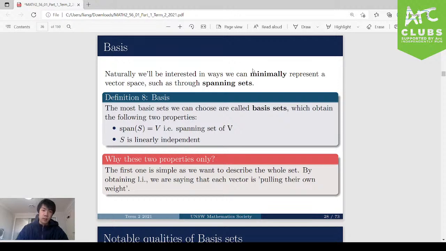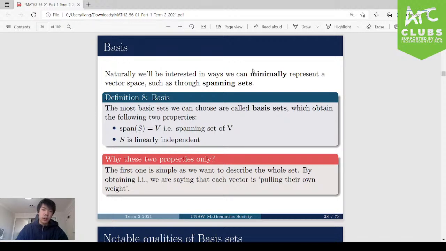Okay? Why these two properties only? Well, the first one is obvious because we want to span the entire set. That's why we want to span S equal to the entire vector space. And secondly, by having linear independence, we are saying that every vector is important in that span, right?